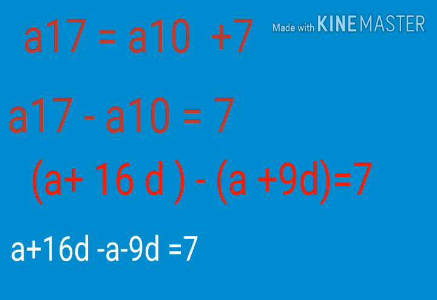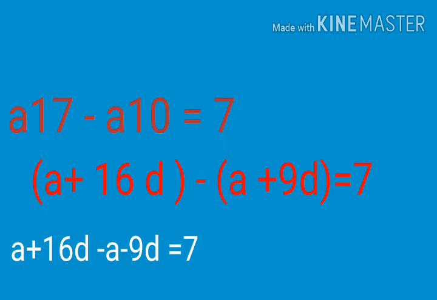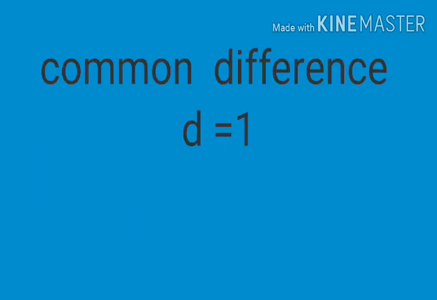So A and A we can cancel. Then 16D minus 9D becomes 7D. So 7D equal 7. So D equal 7 by 7, that is equal 1. So here we need to find the common difference that we got as 1. So here the common difference D equal 1.